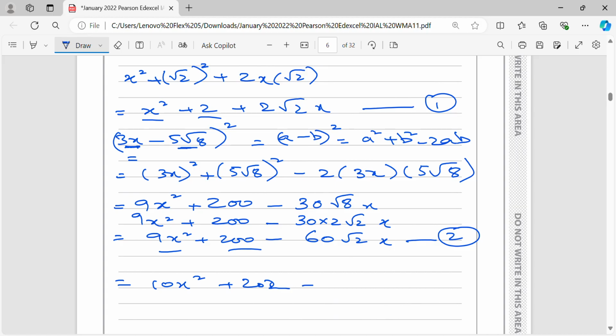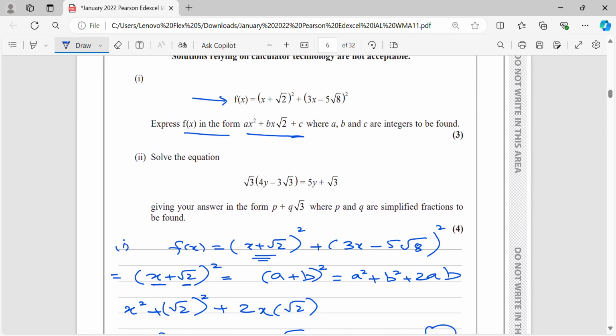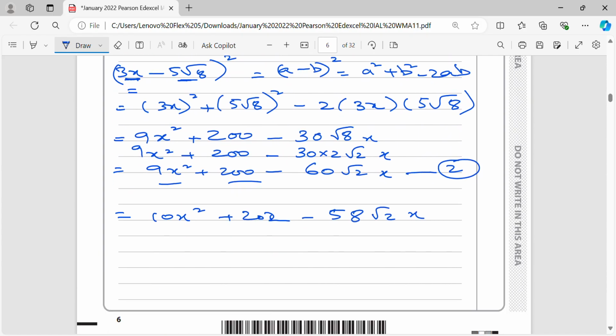Minus, okay, 2 root 2 minus 60 root 2 is negative 58 root 2x. Okay, I need to give my answer in the form of ax squared plus bx root 2 plus c. So let's rearrange a little bit. So this is 10x squared minus 58x root 2 and plus 202.